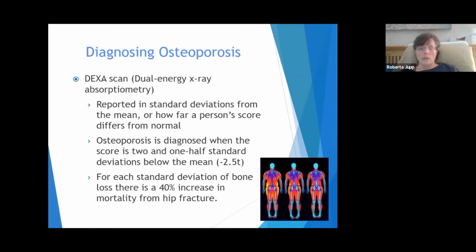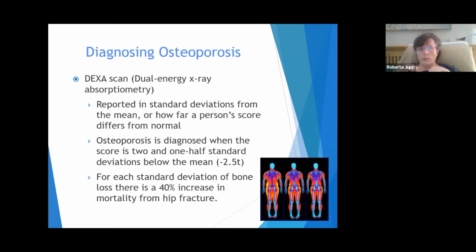All right. So osteoporosis is usually diagnosed with a DEXA scan, and you get scanned, and then the results are given in standard deviations. So what that means is that you have a general amount of structure to the bone, and that's considered a 0.